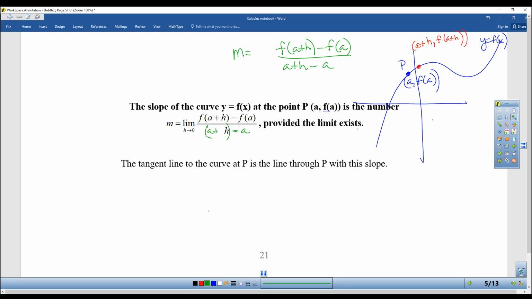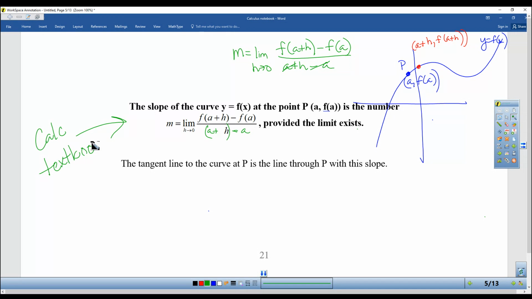It does always simplify to h, but it helps you understand the concept that it's really y2 minus y1 over x2 minus x1. But because these do cancel, h can't be 0, which is what would make it perfect. So they've added in the limit. So here is the fancy calc definition that you would see in a textbook.